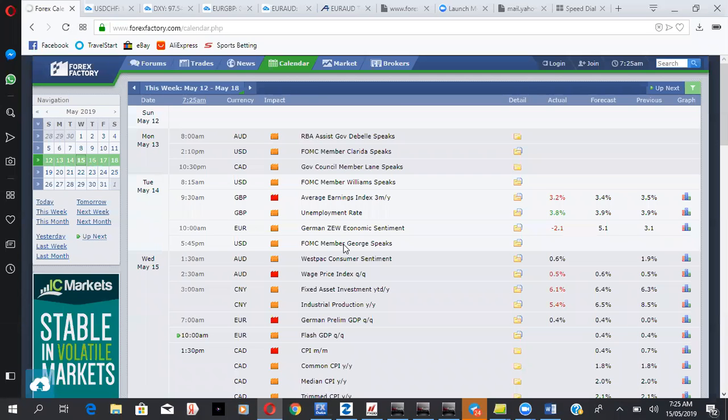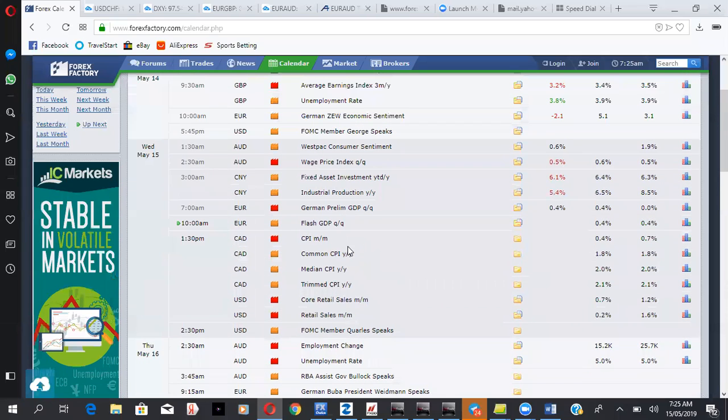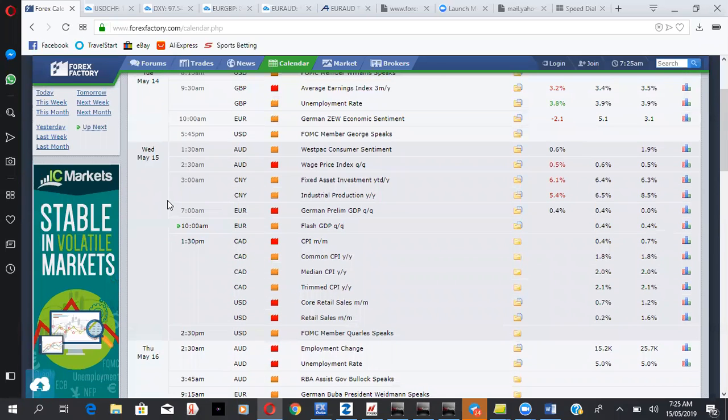we go to our Forex Factory to get an idea of the major news releases we have today. Today being Wednesday, the 15th of May. This has already happened overnight. This wage index was a little lower than expected, but I think this news has already come out.